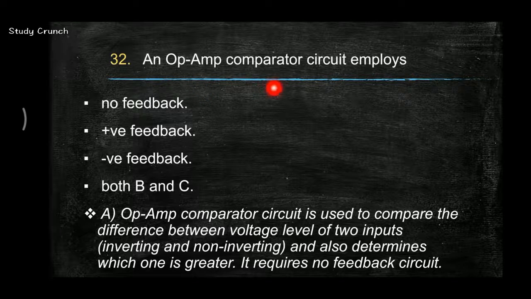An op-amp comparator circuit employs no feedback. The comparator is used to compare the voltage levels of two inputs, inverting and non-inverting, and determines which one is greater. So it requires no feedback.